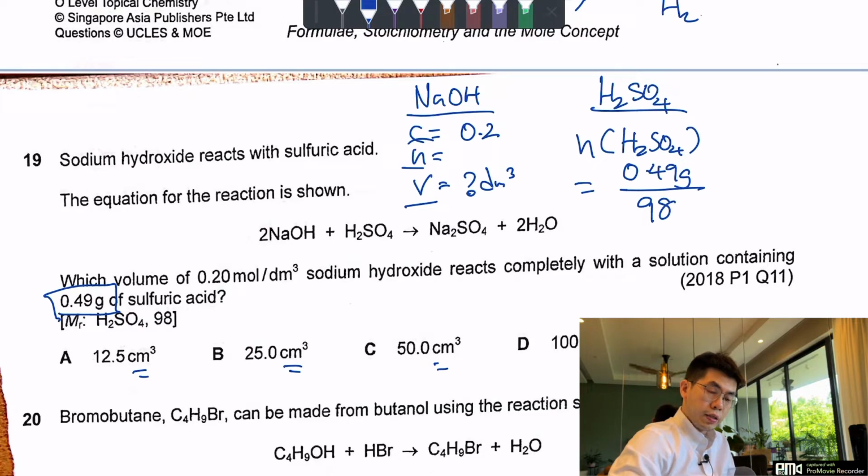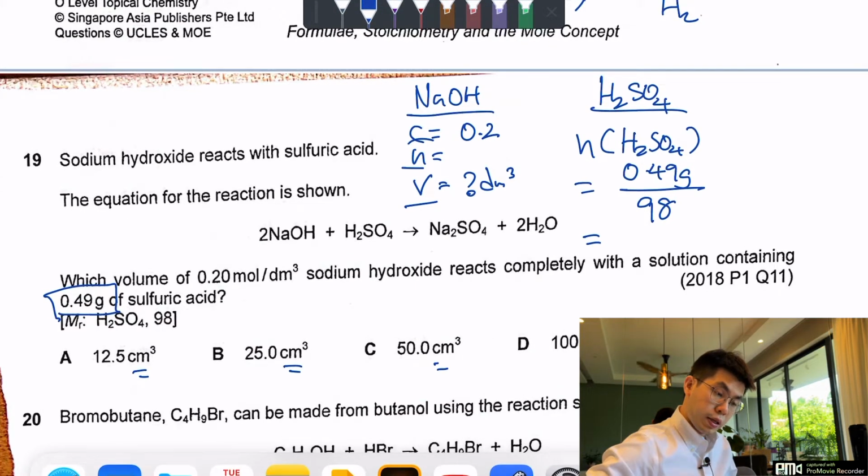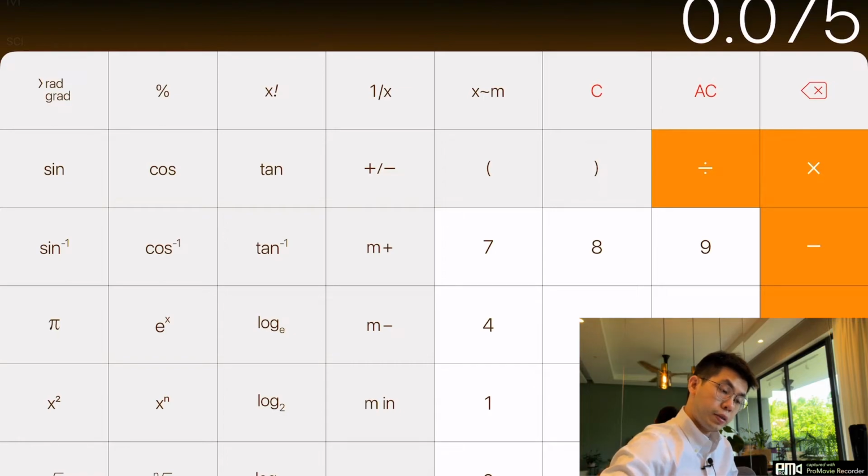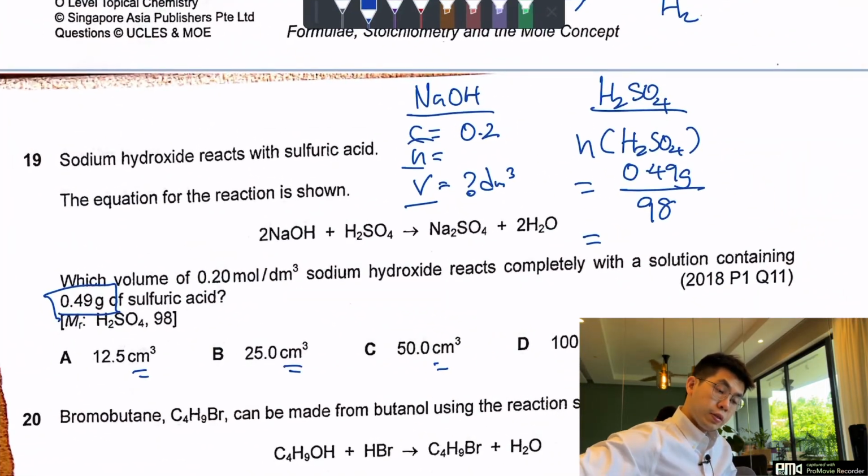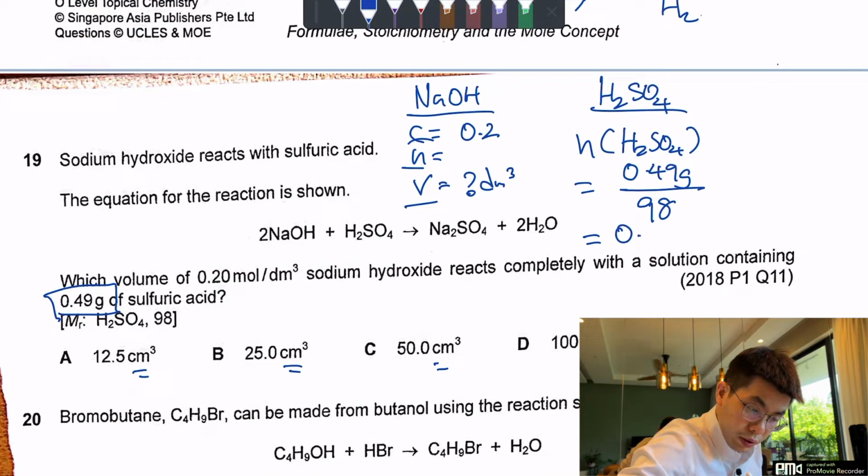My math is not so good, so let me take this out. 0.49 divided by 98, 0.005. So the number of moles of sulfuric acid is 0.005 moles.